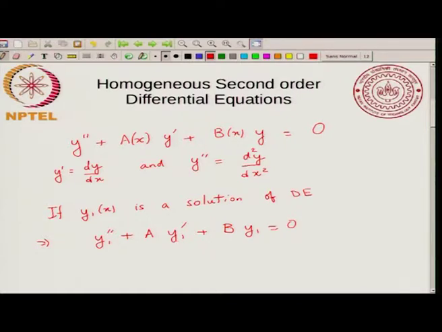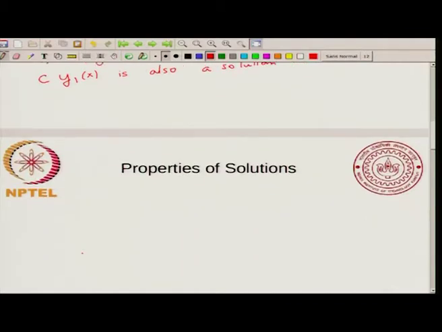Then you can see that a constant times y1 of x is also a solution. That means I can multiply y1 by a constant and I will get another valid solution. You can see this because suppose I had c y1.